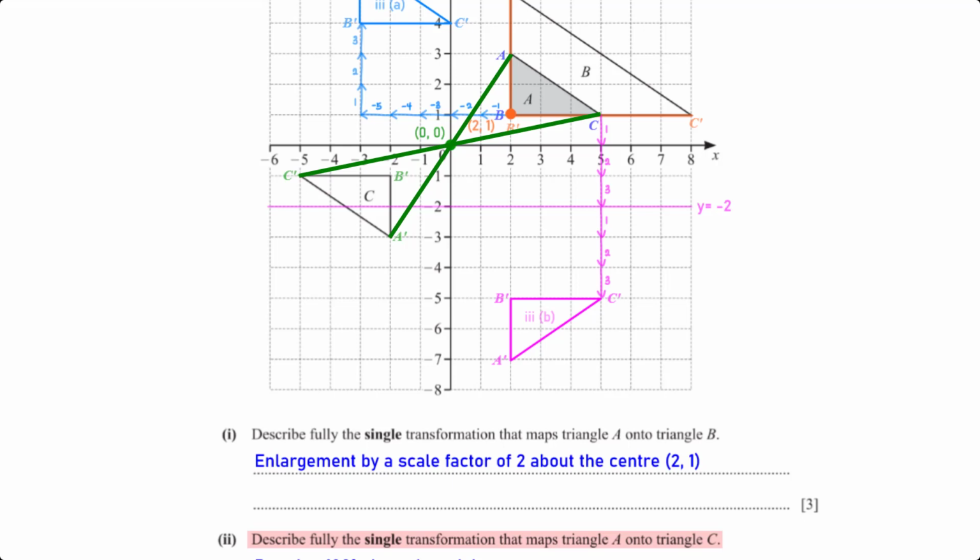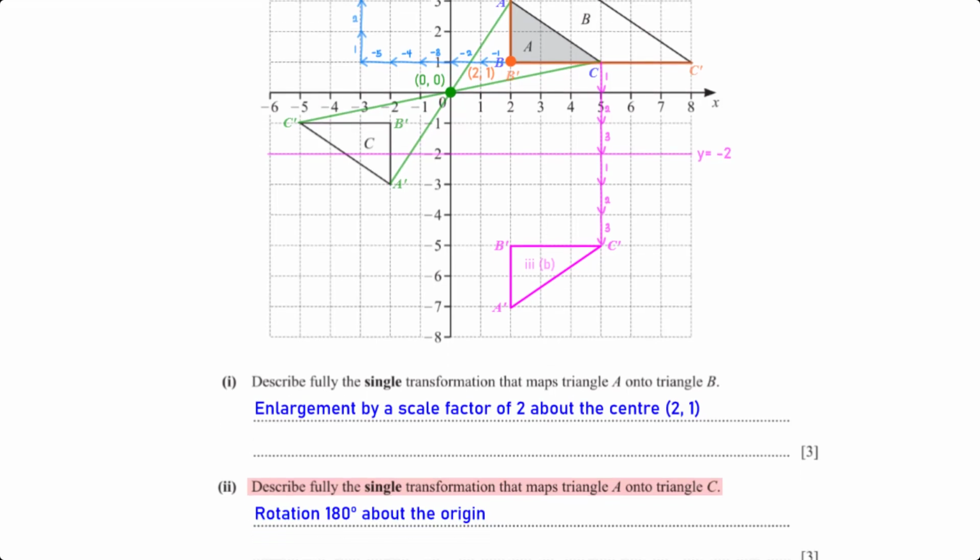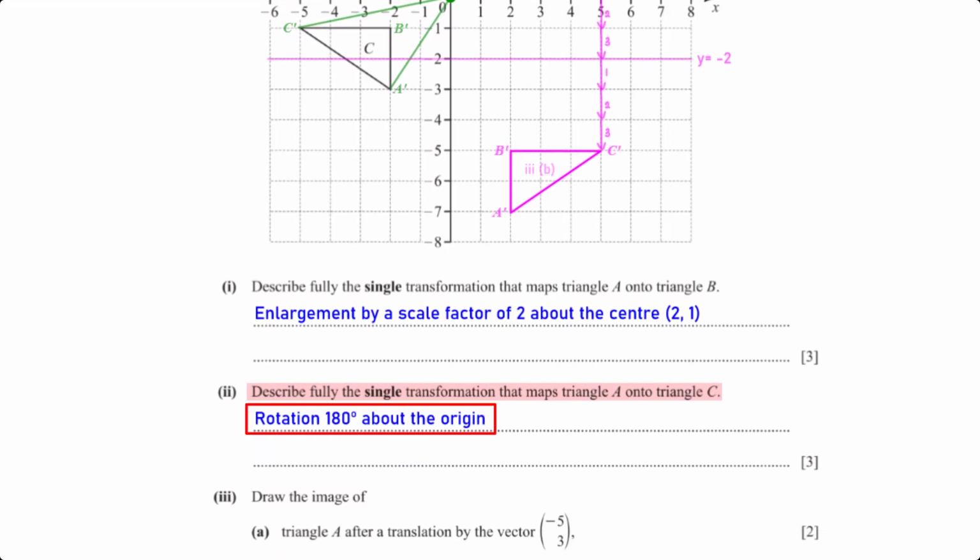We draw lines to connect at least 2 corresponding points on both triangles. The intersection point of the lines is the center of rotation, which in this case is the origin. And so the full description for the transformation will be rotation 180 degrees about the origin.